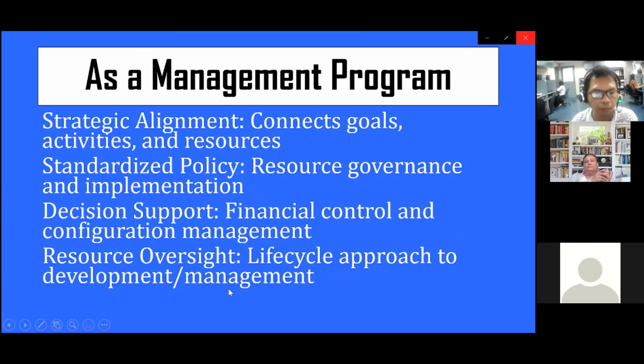And lastly is resource oversight, the life cycle approach to management and development. As a management program, EA provides these four things, especially the resource oversight. As I mentioned, EA is used to see the company in a more strategic way, so it's at a management level. That's why it's good for us to look at it as a management program.